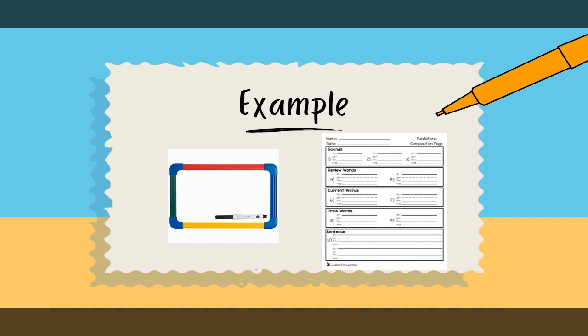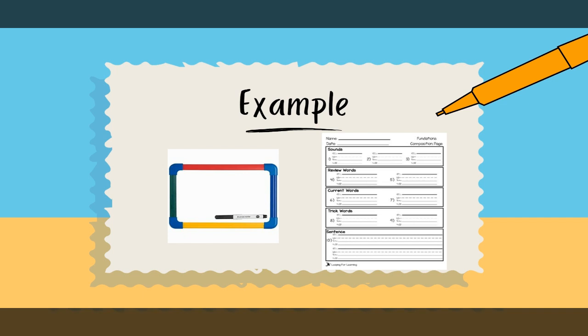And then this paper is based off of a program called Foundations, which I was trained in and used for a few years, where for the test we give them so many sounds to write. Write b, write t. And then we give them review words.